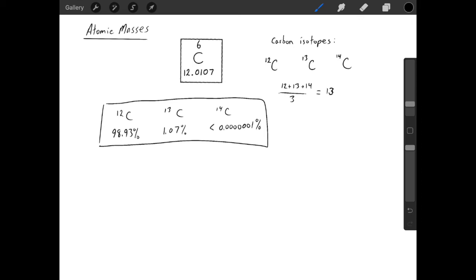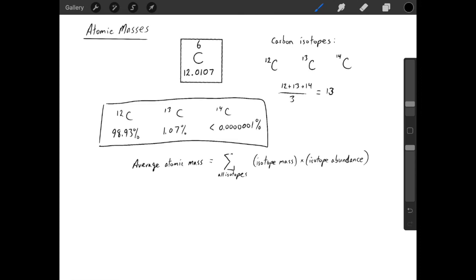And there's an expression for calculating a weighted average like this. The way you find a weighted average is to take the mass of the isotope, multiply it by its isotopic abundance, and then do that for all the different isotopes and add the resulting values together.